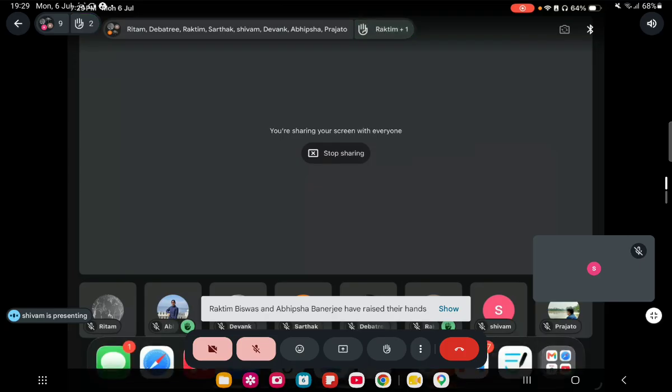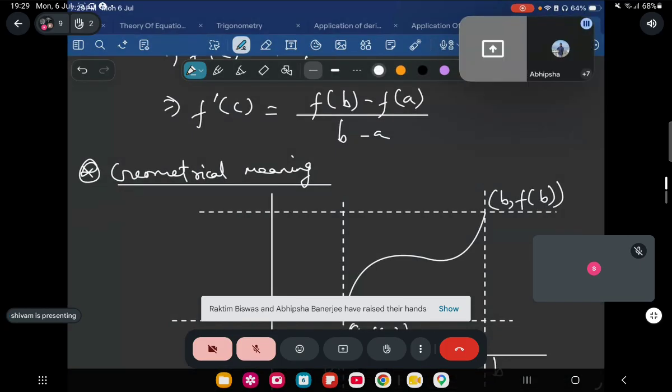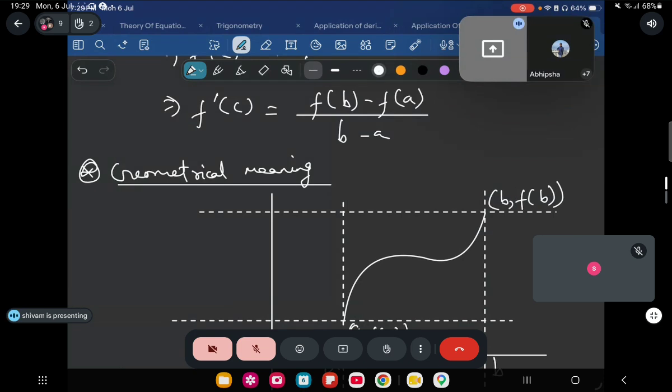Yes, Aipsha, tell me. So the average rate of change. Or we can actually say slope of chord joining the endpoints.